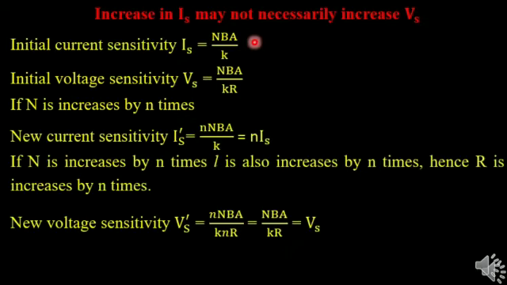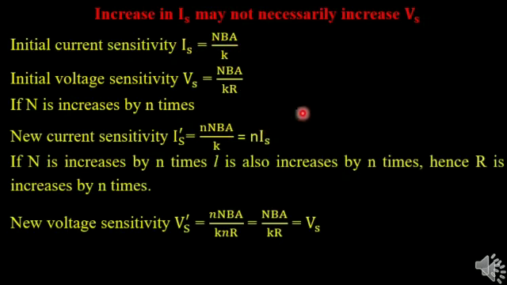If the number of turns of the galvanometer increases by n times, then the new current sensitivity Is dash equals nNBA divided by K, which equals nIs, since NBA divided by K equals Is.